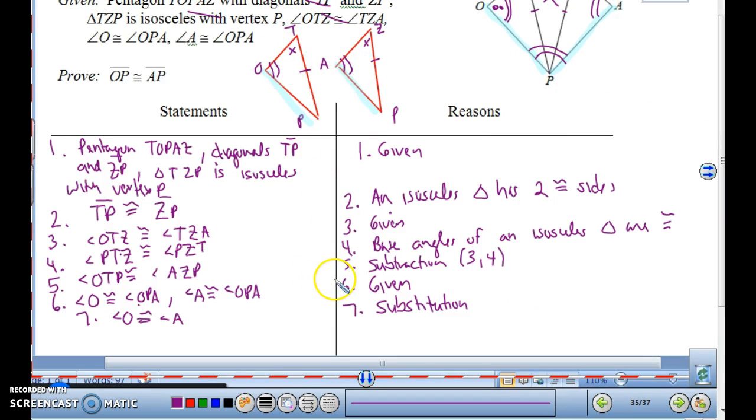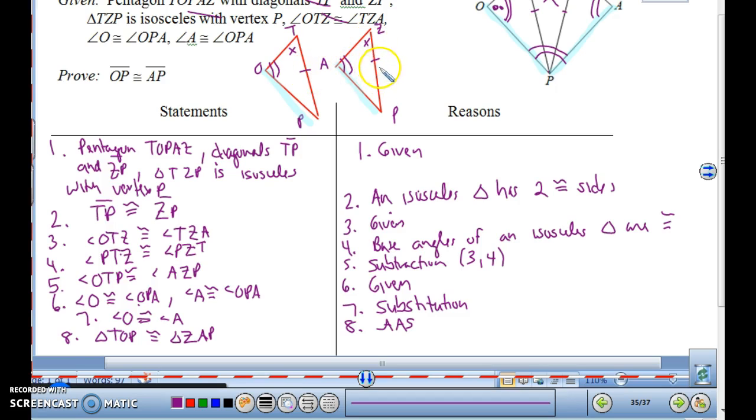So are the triangles now congruent? Based on what we've been doing, yes, this is angle, angle, side. So we can say triangle TOP is congruent to triangle ZAP, and that's using angle, angle, side. I proved two angles and the non-included side.